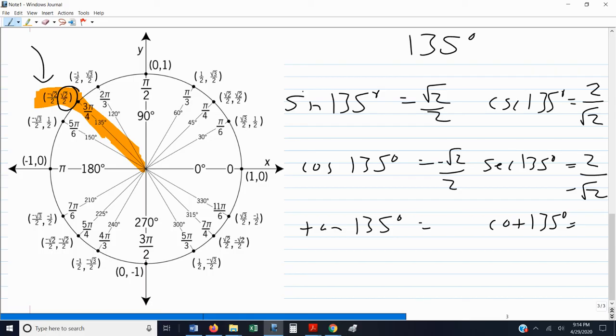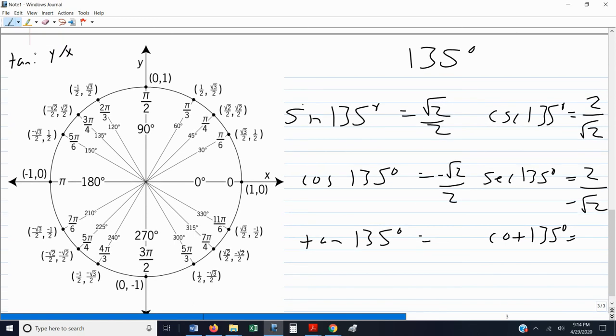And then tangent, do you remember the formula for tangent? It's y over x. And so you're doing the y value divided by the x value. So the quick way, if you see that those numbers are really similar, they're going to divide and cancel and leave you with -1.